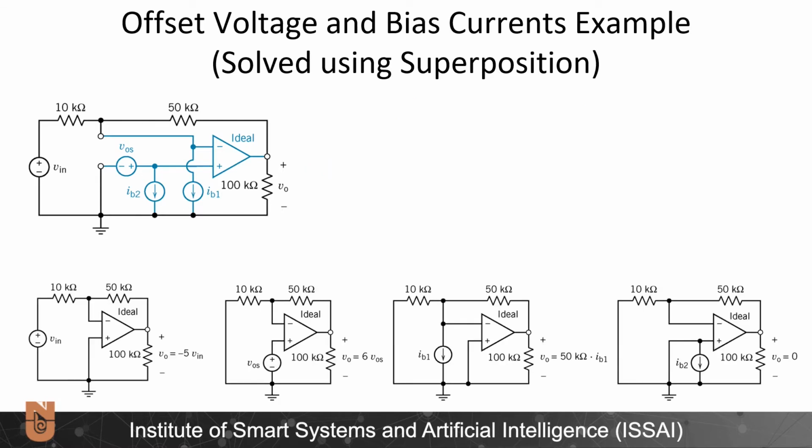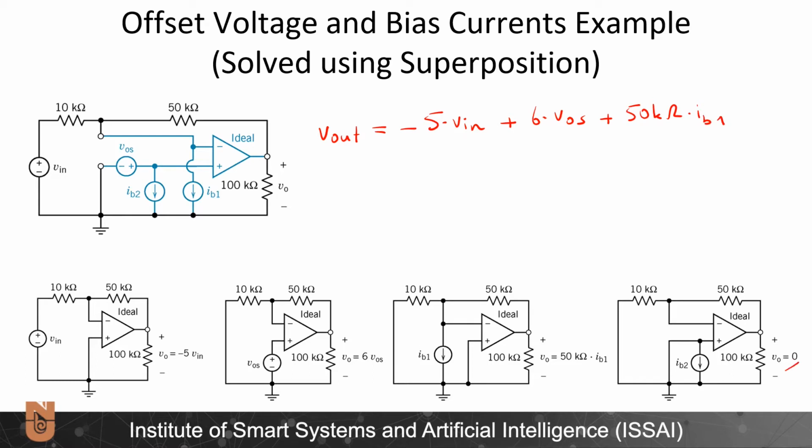What is the last step in the superposition principle? I need to add all the outputs of sub-circuits. Accordingly, Vout will be equal to minus 5 times Vin. This is the output of the ideal amplifier. Plus 6 times VOS due to the voltage offset. And plus 50 kilo ohms times IB1.